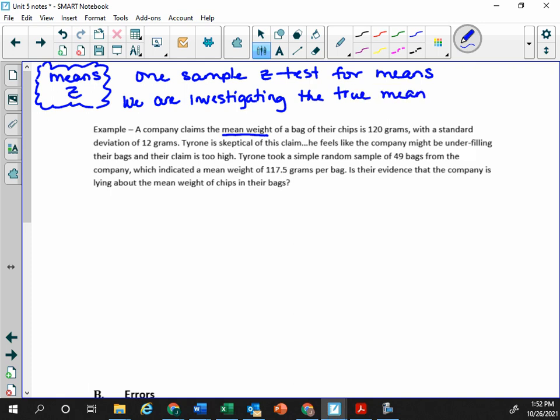Is this defining the parameter? Yes, this is defining the parameter. You could even say mu equals the true mean weight for these bags of chips. So that's the mu that we're talking about.